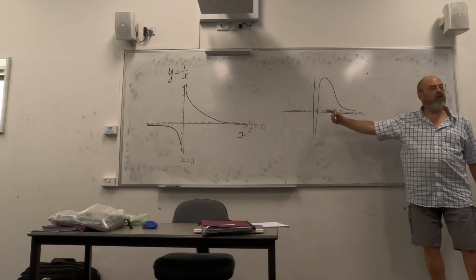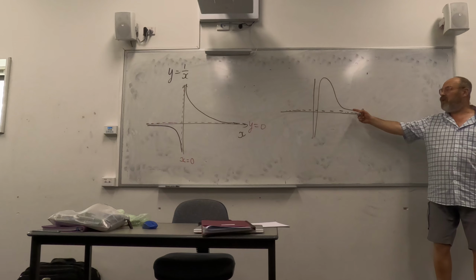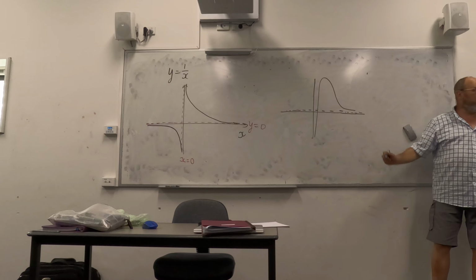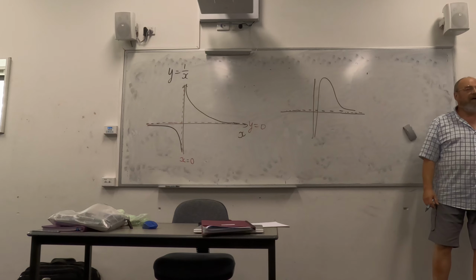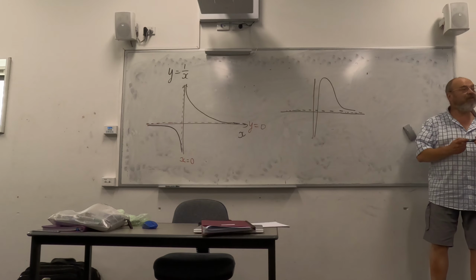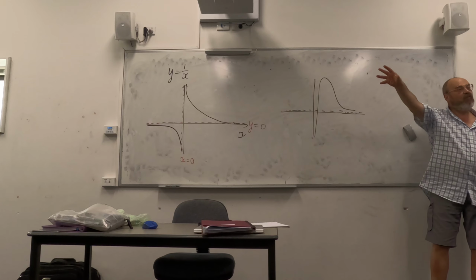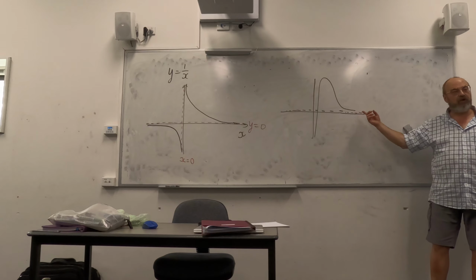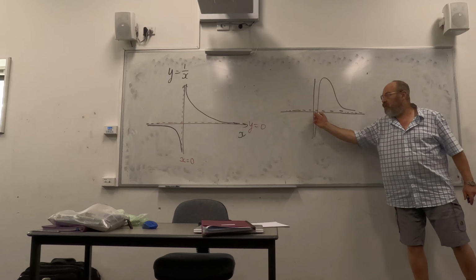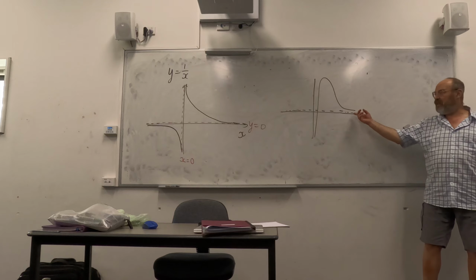We can have a graph looking like this. It can cross here, yes, but here it's approaching but never crossing. So a graph can cross an asymptote somewhere, but where it's approaching it, that's where it becomes an asymptote. Here, this line is not an asymptote of this graph. Here it is.